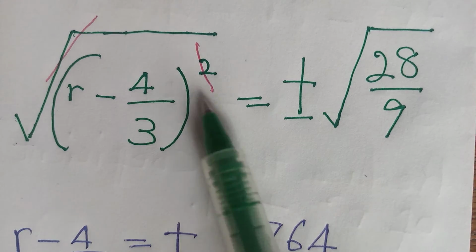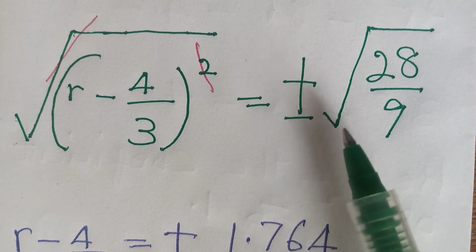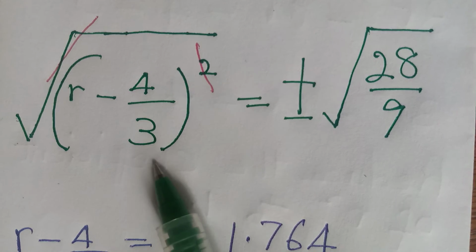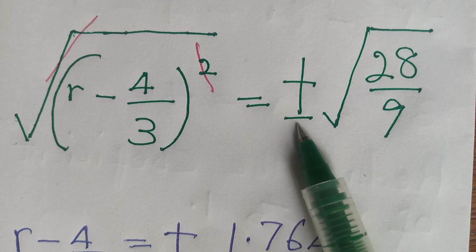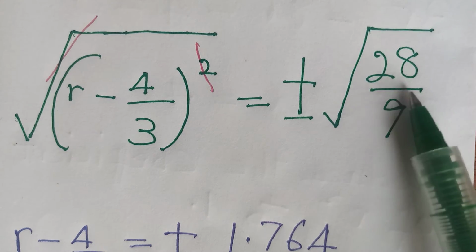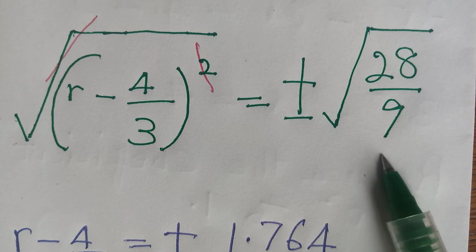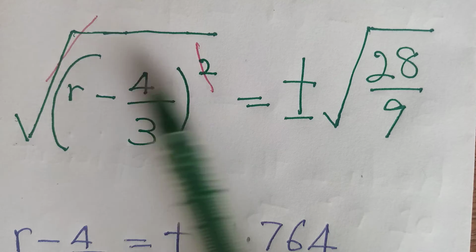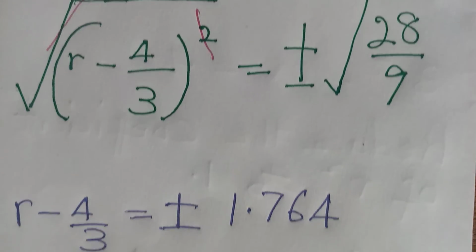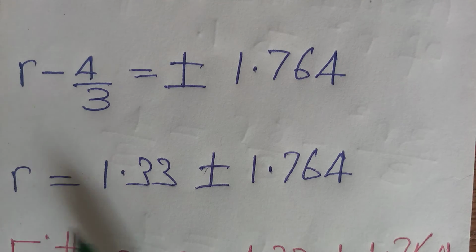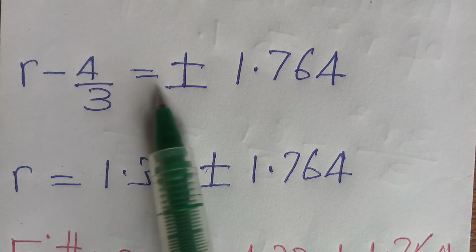Square root of everything squared equals, you remember from my last video, we said if you take the square root of a number, you introduce the plus or minus sign. So this one will be plus or minus square root of 28 over 9. What happens here? This square and the square root will cancel out. And what will be left on my left hand side will be R minus 4 over 3 equals.